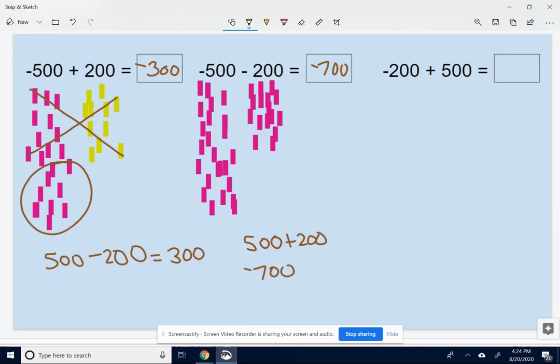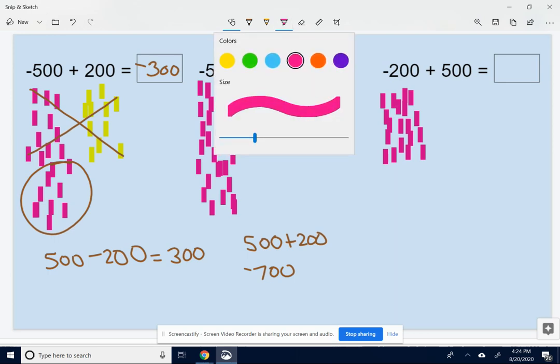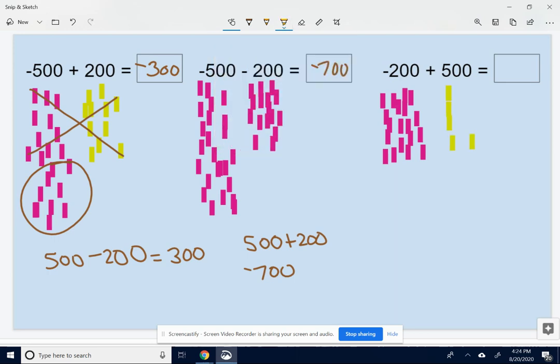Last one. We have negative 200 plus 500. Negative 200 would be a smaller pile of reds, 200 of them, plus 500, which is a much bigger pile of yellows.